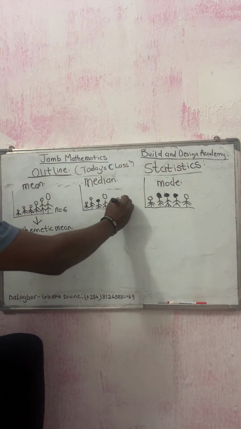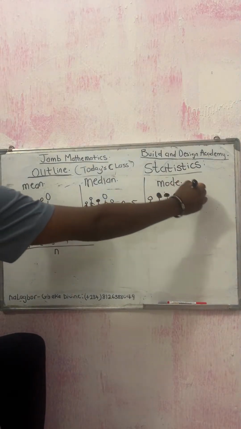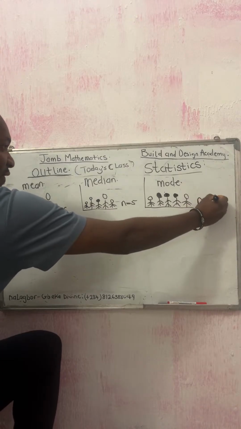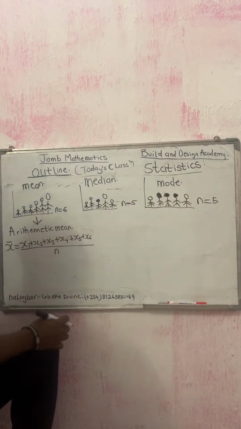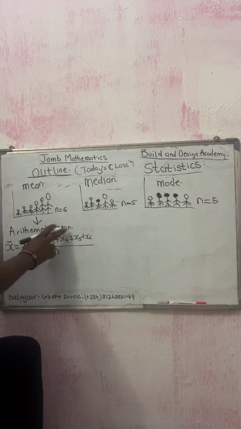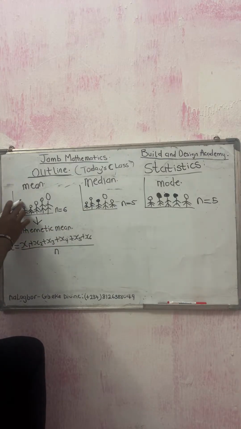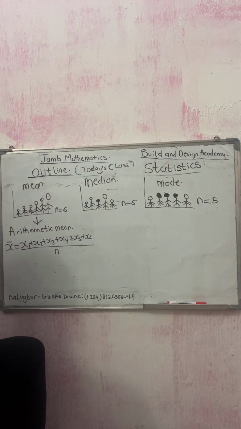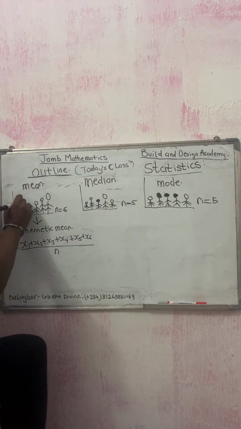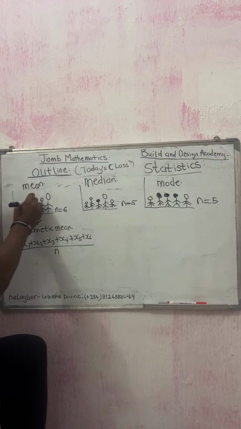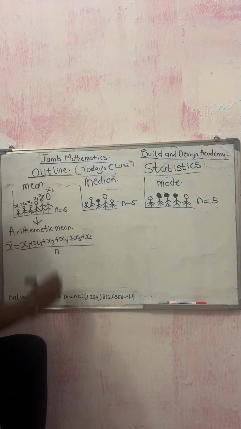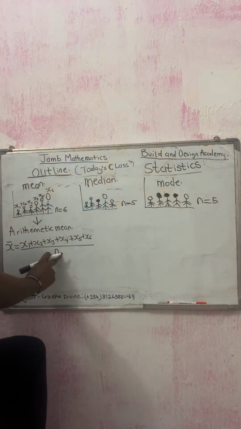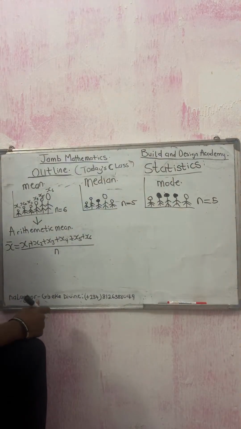Here N is equal to 5. Here N is also equal to 5. This is the total number of samples. So to get our arithmetic mean, we have to sum x1, x2, x3, x4, x5, and x6, and divide it by the total number to get our arithmetic mean.